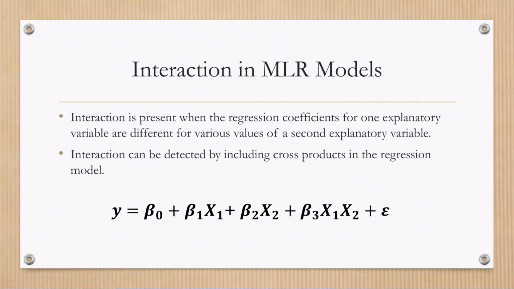Here's what I mean by a cross product, right here. If we take the two explanatory variables and multiply them together in our regression equation, the value of the coefficient would help us understand whether or not we have interaction.